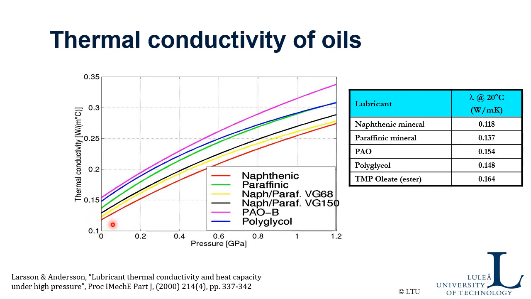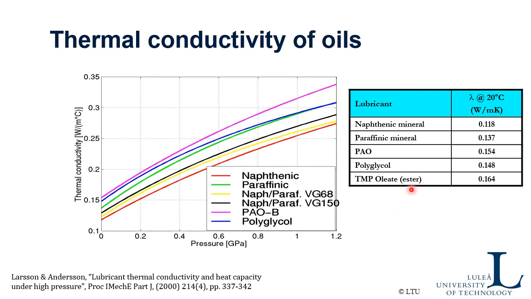So you don't need to take the pressure dependence into account. But you can see from this graph that the thermal conductivity increases when you increase the pressure; it doubles more or less, or even more.